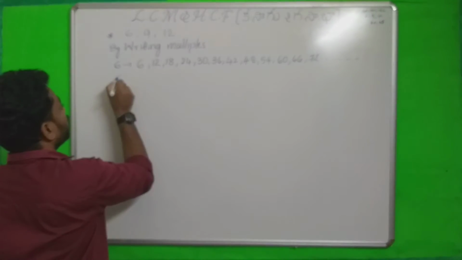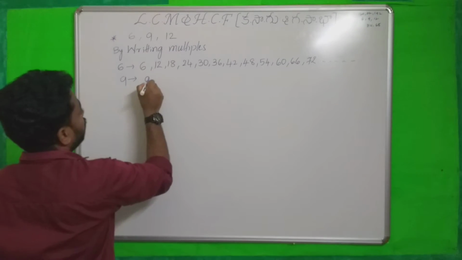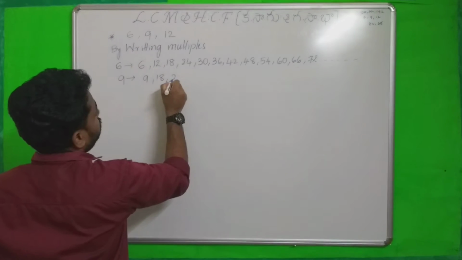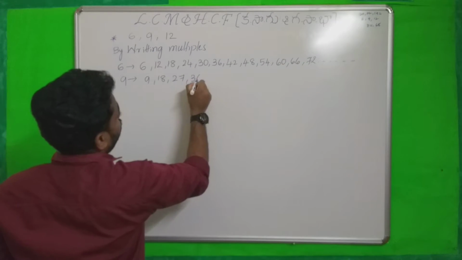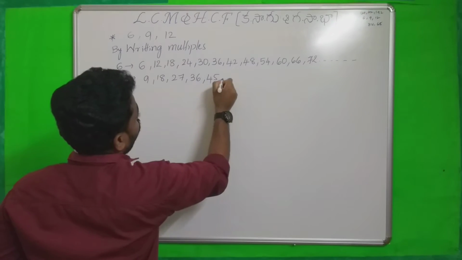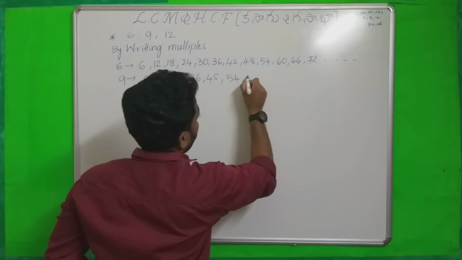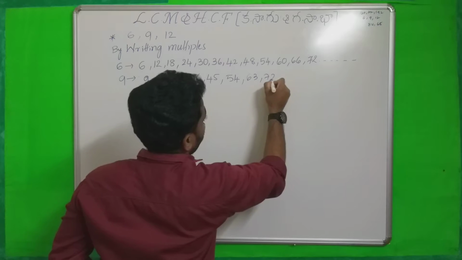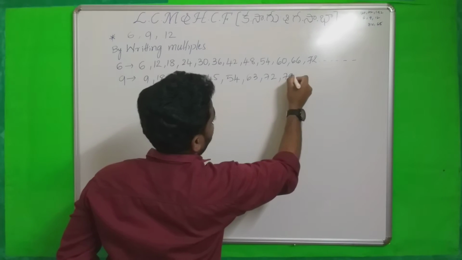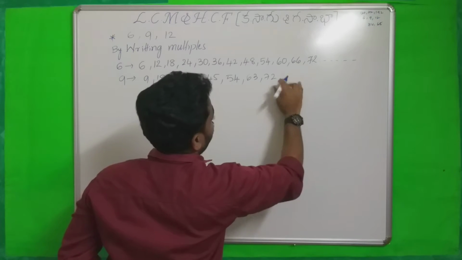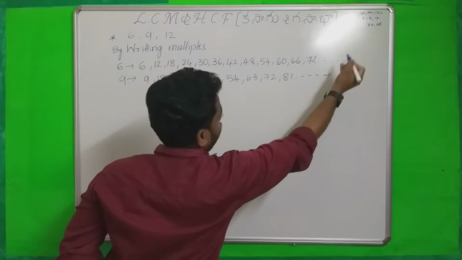In the same way, the multiples of 9 I am going to write: 9, 18, 27, 36, 45, 54, 63, 72, 81, so on, like this.